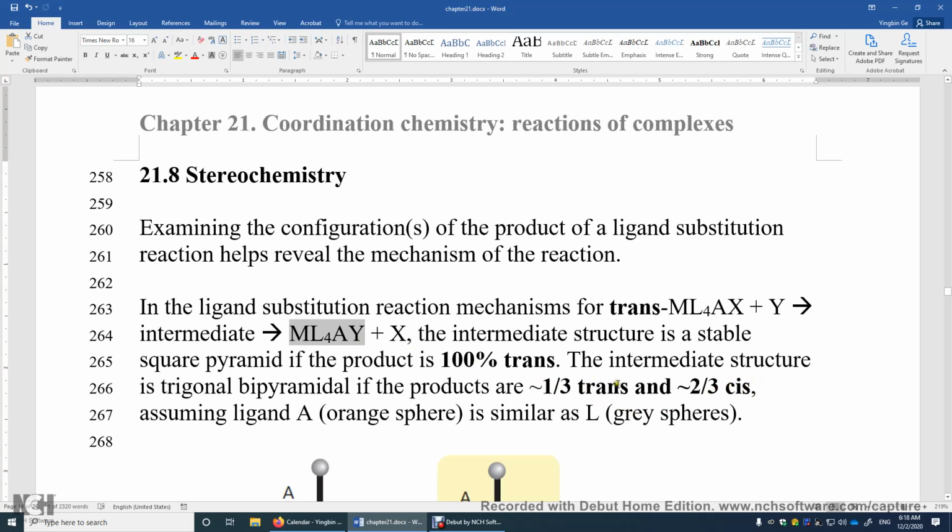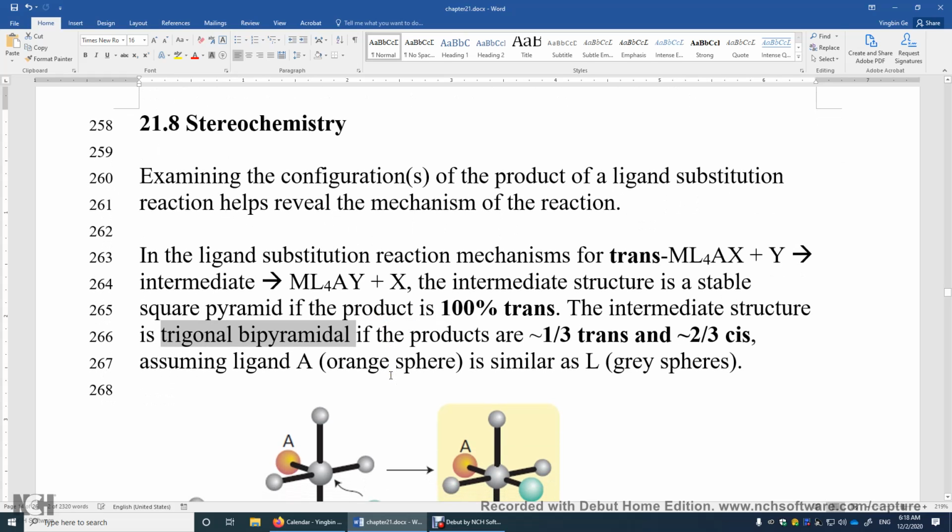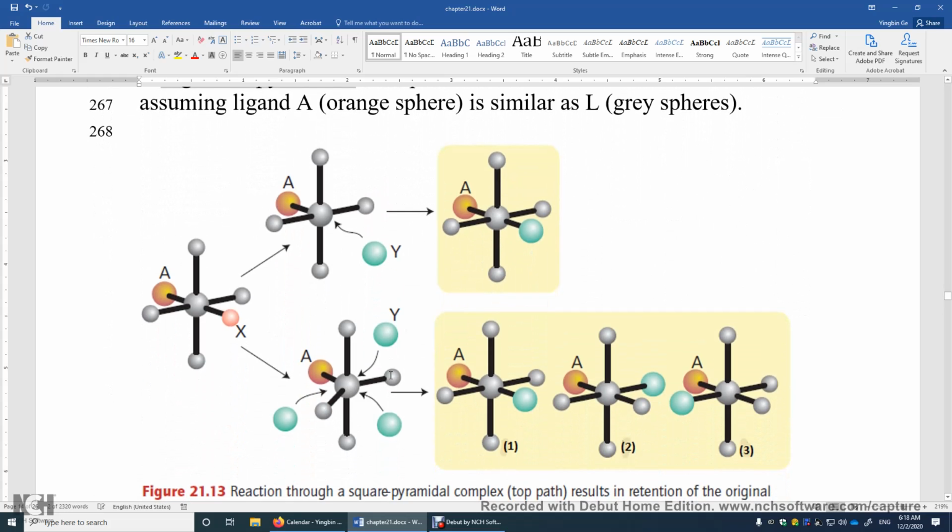So it's not only trans, but there are also cis configurations, and in particular, if we have a large percentage of cis, as large as 67%, then you may tell that the intermediate structure is very likely a trigonal bipyramidal structure. Now let me explain with some pictures here.